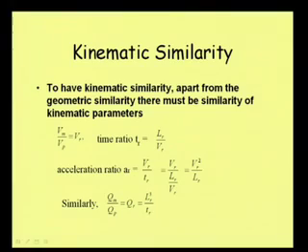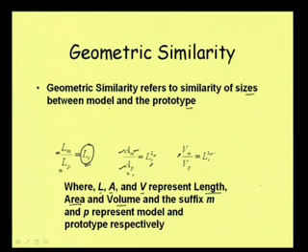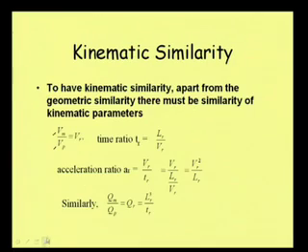Now, here this Vm and Vp, this V is representing velocity. Of course, in the same lecture we are using V to represent volume, do not get confused, I can make it V cut like that. So, that is volume, and here it is actually velocity. So, the velocity of the model divided by the velocity of the prototype, that is the velocity ratio.